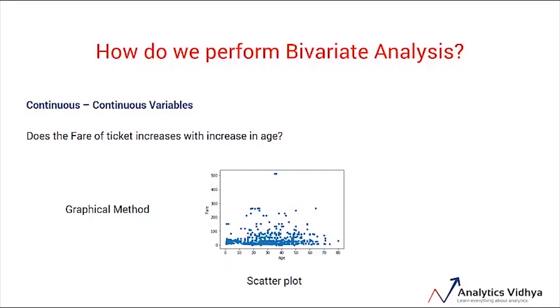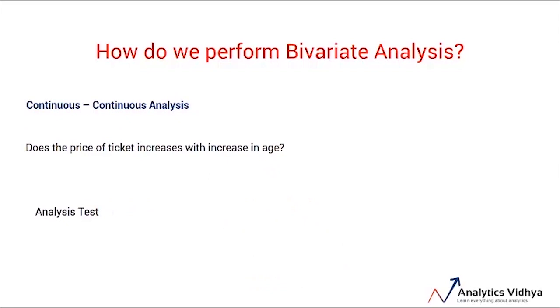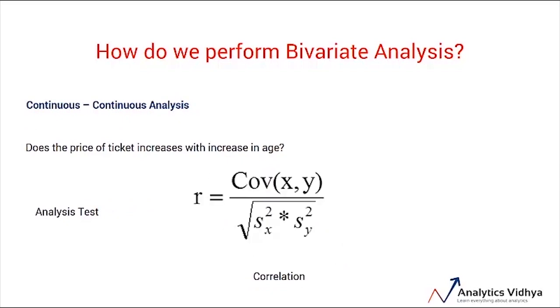But sometimes we may want to quantify the amount of relationship, whatever it may be. So to quantify the relationship between two continuous variables, we check the correlation between the two variables. Correlation measures the strength of the linear relationship between two continuous variables along with their direction, by taking into account the covariance between the two variables involved and their variances.